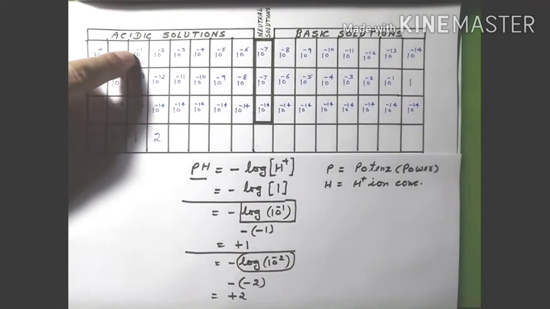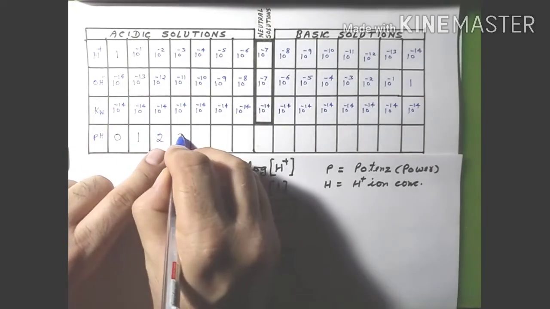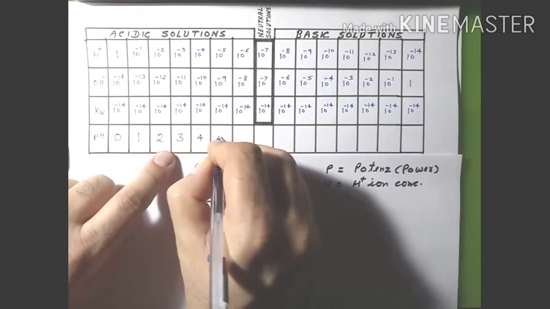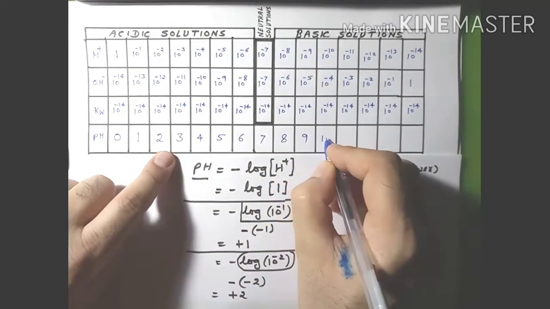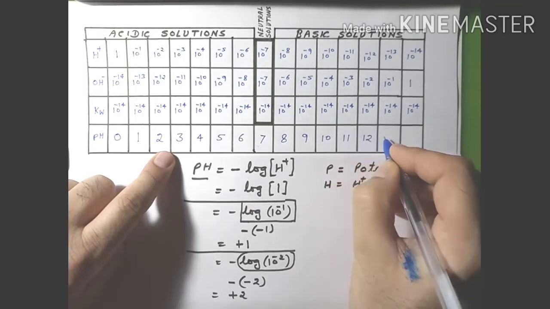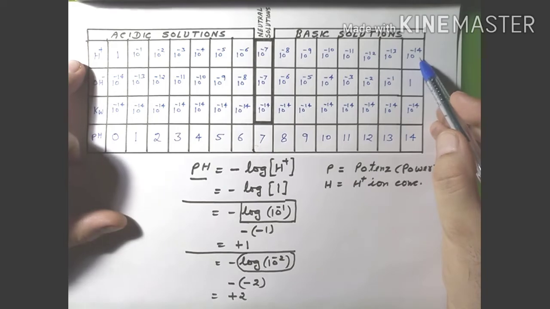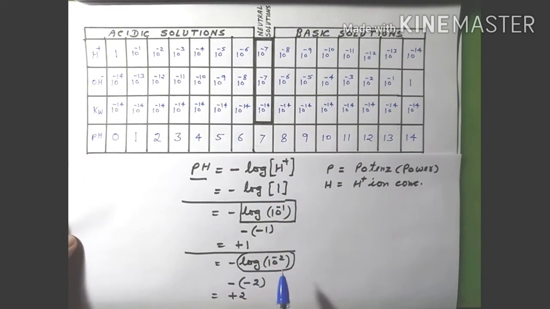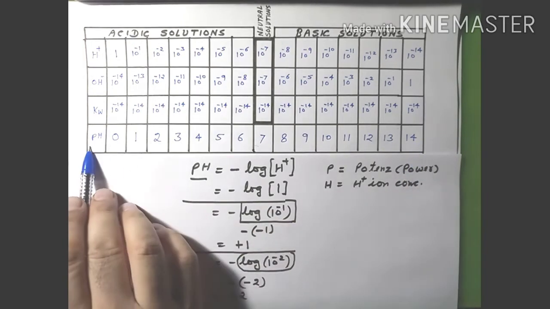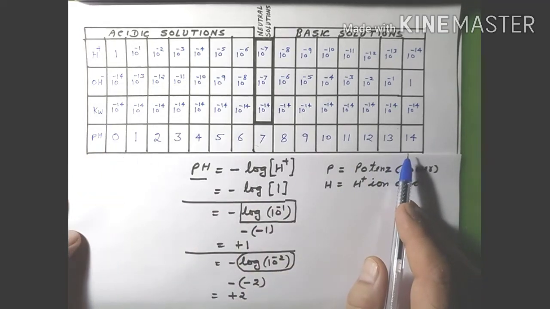So in the same way 10 to the power minus 1 gives 1, 10 to the power minus 2 gives 2, 10 to the power minus 3 gives 3, 10 to the power minus 4 gives 4, then 5, 6, 7, 8, 9, 10, 11, 12, 13 and 14. At the last it comes to 10 to the power minus 14. When we put the value 10 to the power minus 14, log 10 to the power minus 14 is equal to minus 14, and the minus sign will be there, so it comes plus 14. So we get a range from 0 to 14, and this is called the pH scale.